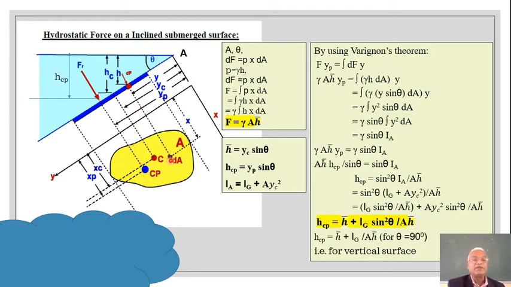Now I have considered a small elemental area dA. The force acting on that is dF. The force is given by the pressure intensity multiplied by the area dA. But pressure intensity is given by gamma into H, because gamma is the unit weight of the liquid, H is the height.